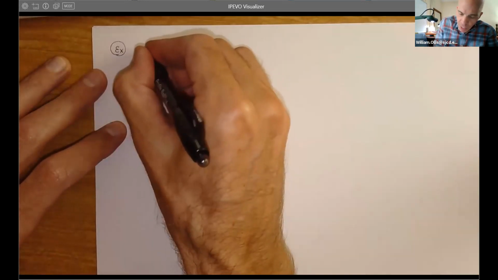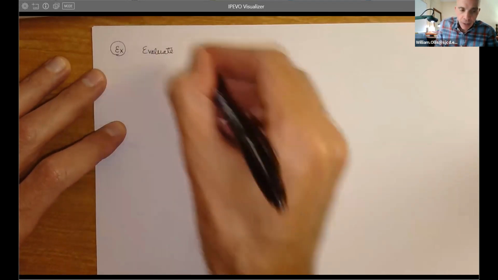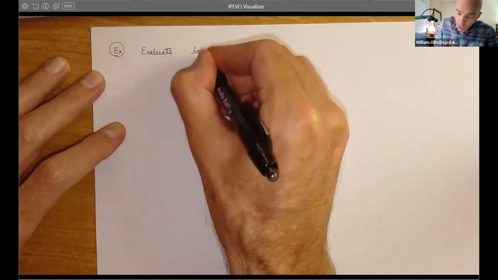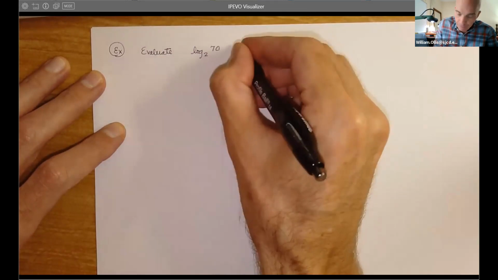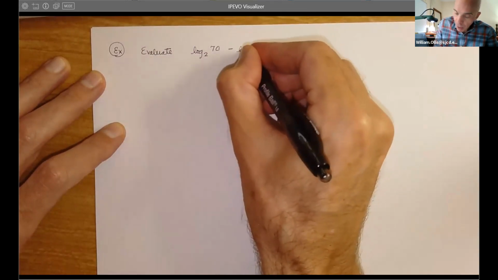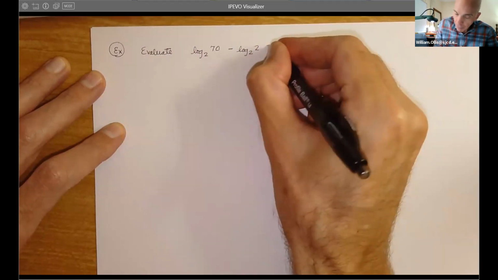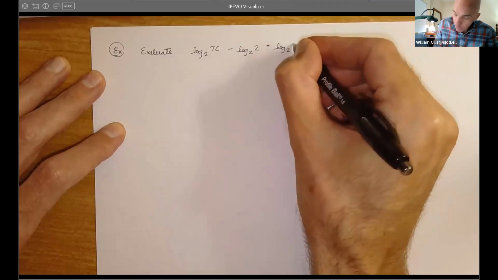Say we just want to evaluate an expression using the laws of the logarithm. So we have log base 2 of 70 minus log base 2 of 2 minus log base 2 of 35.